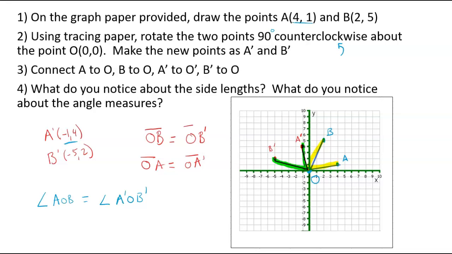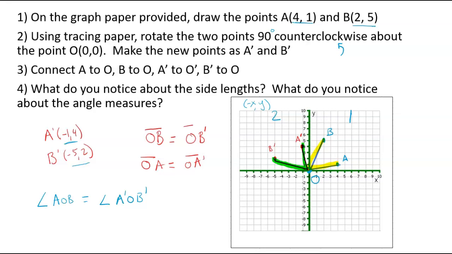It went from quadrant 1 to quadrant 2, and because quadrant 2 has a negative x, your x's and your y's switch. I want you to be thinking about that as we continue on with these lessons. Notice that 2, 5 switched, became 5, 2. But again, we're in the second quadrant. In the second quadrant, your x's are negative while your y's are positive. This is something just to keep in the back of your mind.